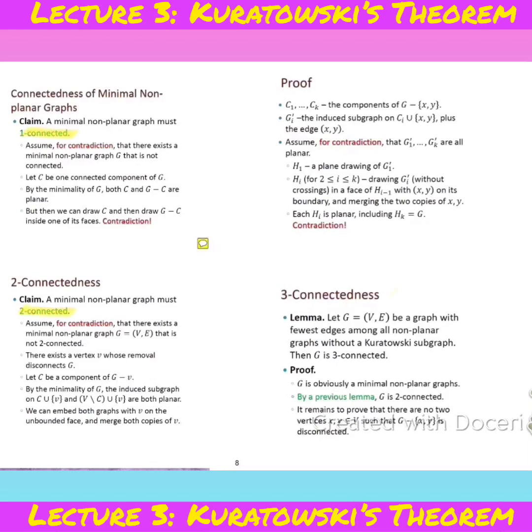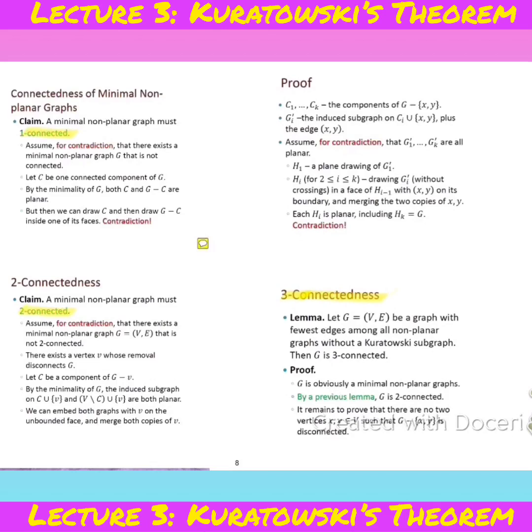So what we want to do now is prove that this graph is in fact three connected, so you have to remove at least three vertices for it to be a disconnected graph.